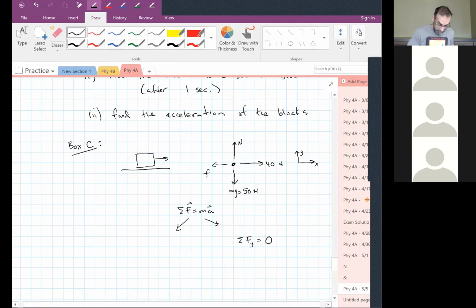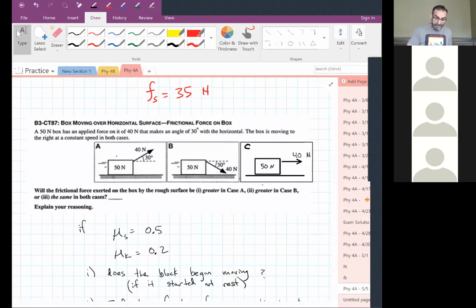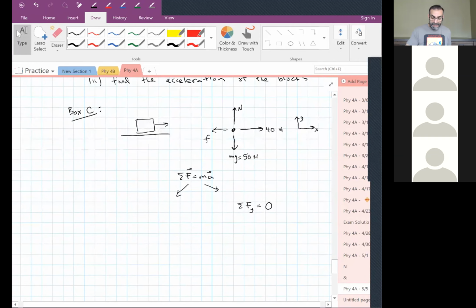So in this case, the normal force is pretty obvious, right? But in the other 2 cases, it isn't, right? The normal force for A or B is a little tricky. And so drawing out the free body diagram and looking at the sum of the forces in the Y direction makes sense in those cases. But I'm going to do the same process for all of them.